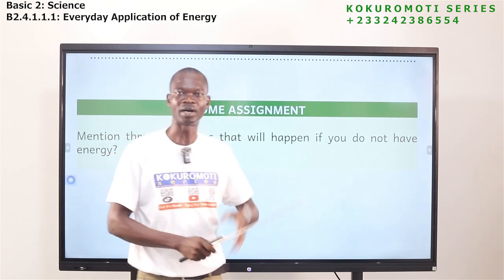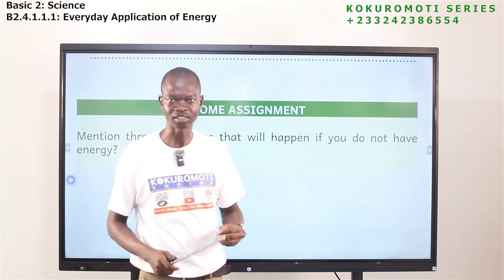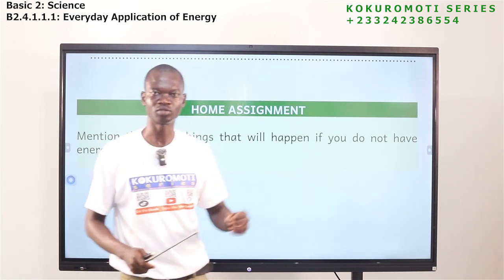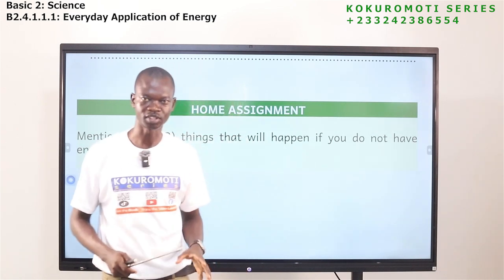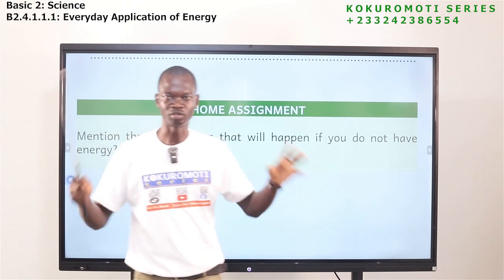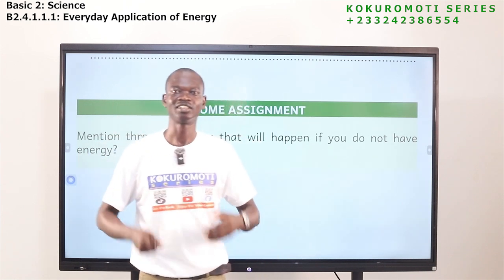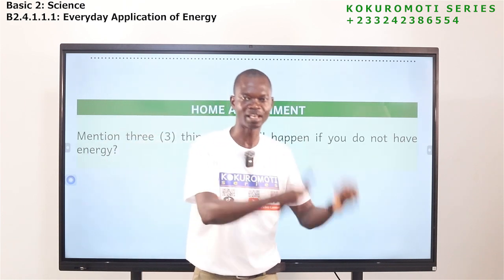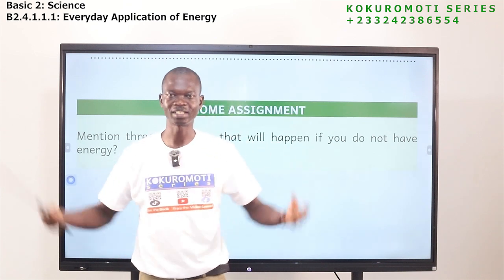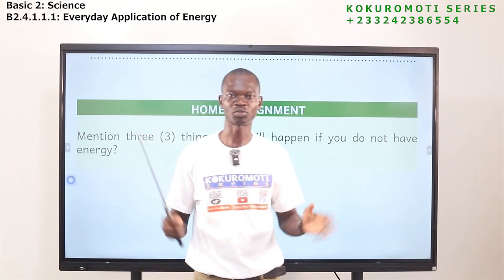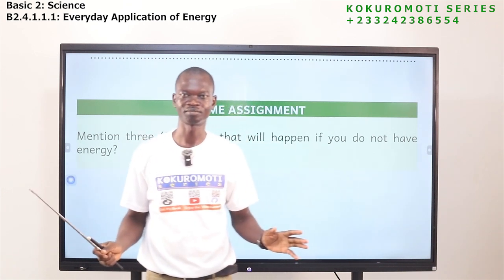Do you get it? But human beings and animals, we get energy to work from where? From food. And you have also learned that we apply this energy to do so many things, and we have mentioned them. So this is what we have learned today.